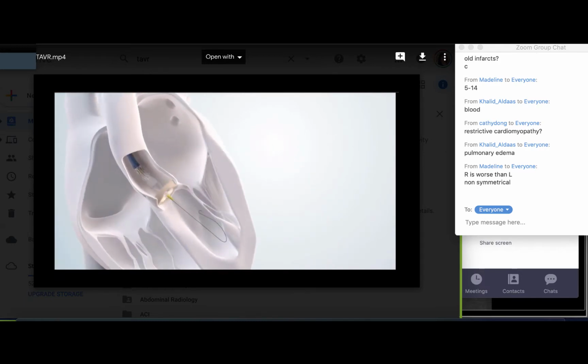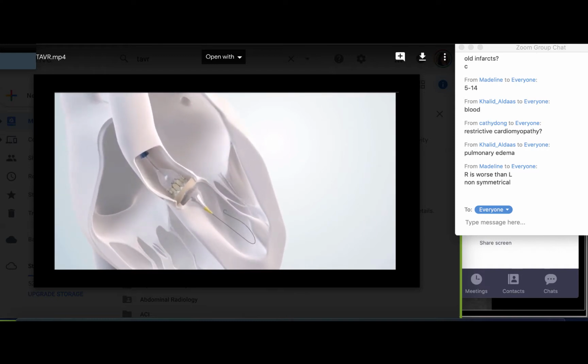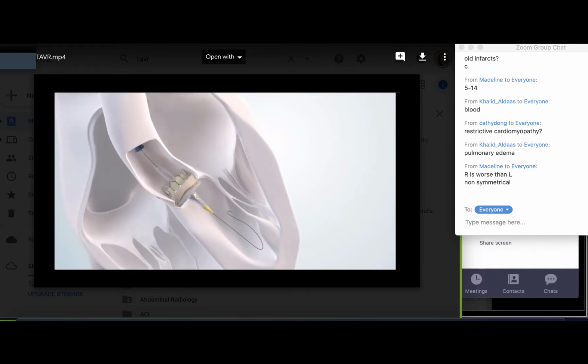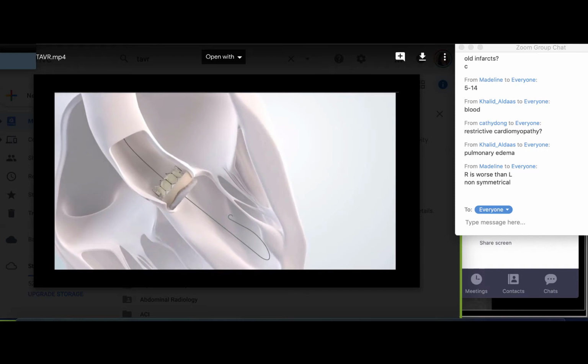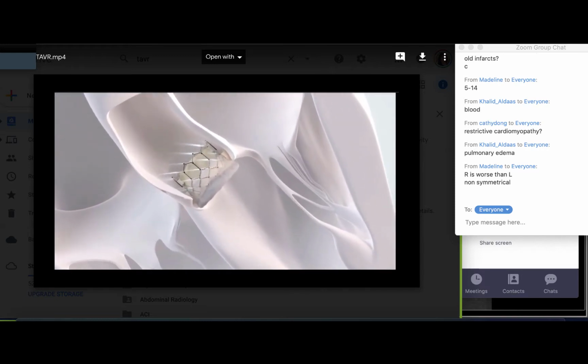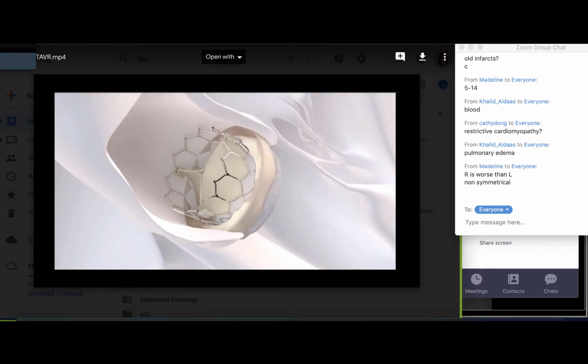This is really cool because it's a percutaneous procedure, so the patients don't have open heart surgery. I mean, the one aortic valve stenosis operation that I saw when I was a general surgery resident, the patient died. So it's a very morbid operation.